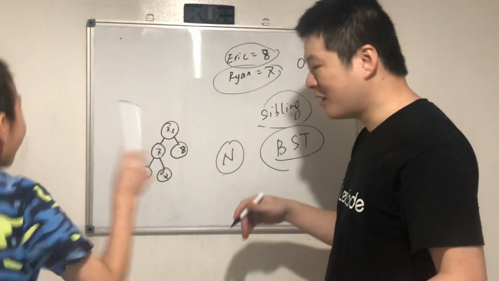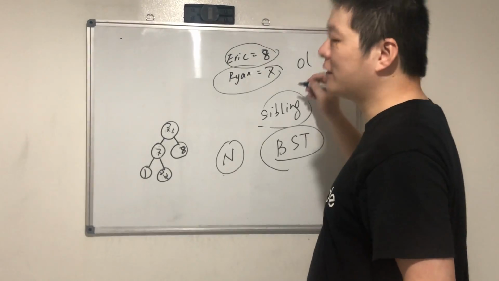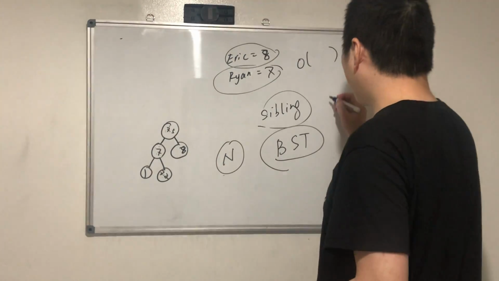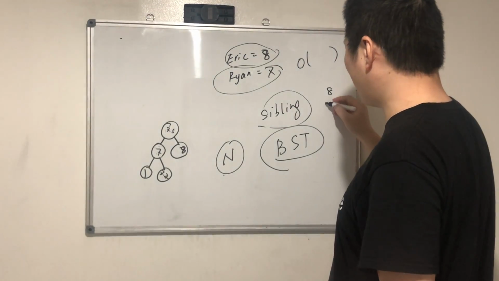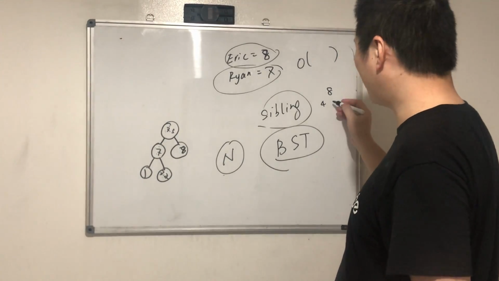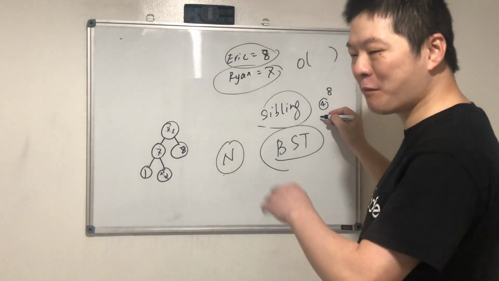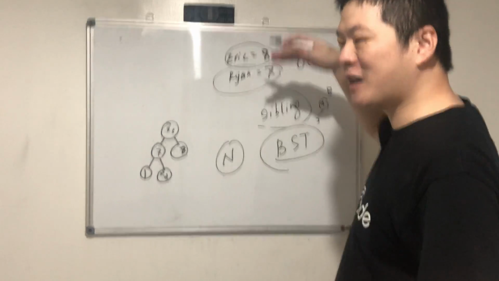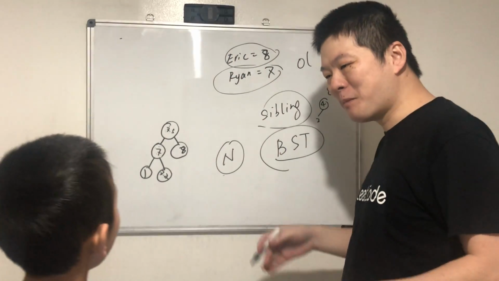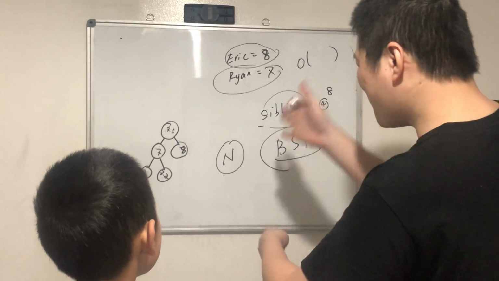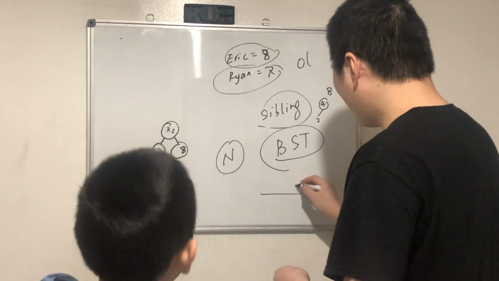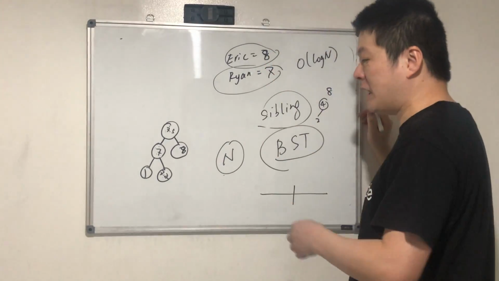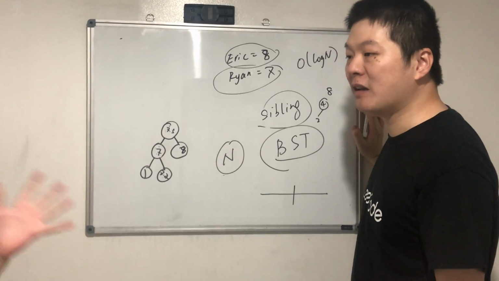Look, if there are 8 nodes, every time I search I cut it into 2, then I search 4 nodes, and I make one check and I search 2. Every time I cut it in half. Remember the binary search? Log(n). Yeah, log(n), if the tree is highly balanced.